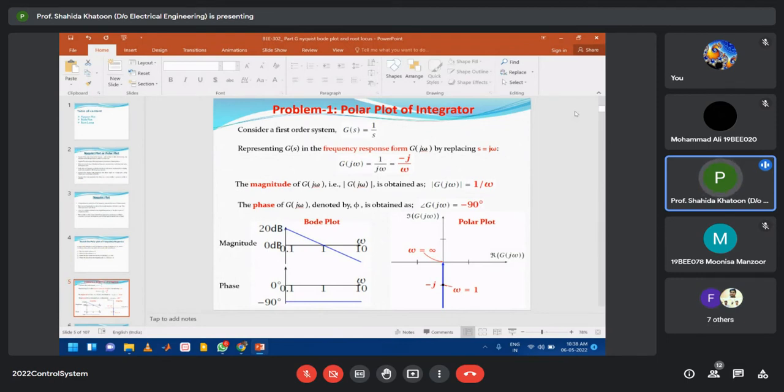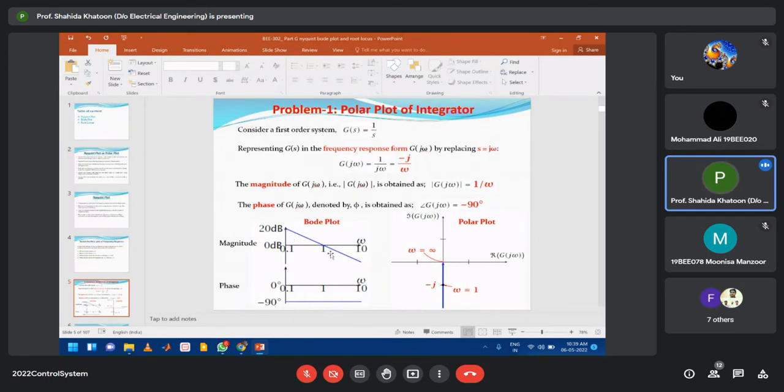So it is basically j upon j square omega. j square is minus 1, so minus j upon omega. Okay, so the magnitude of G(j omega) is 1 by omega, and the phase of G(j omega) is minus 90, as it is minus j here, right?